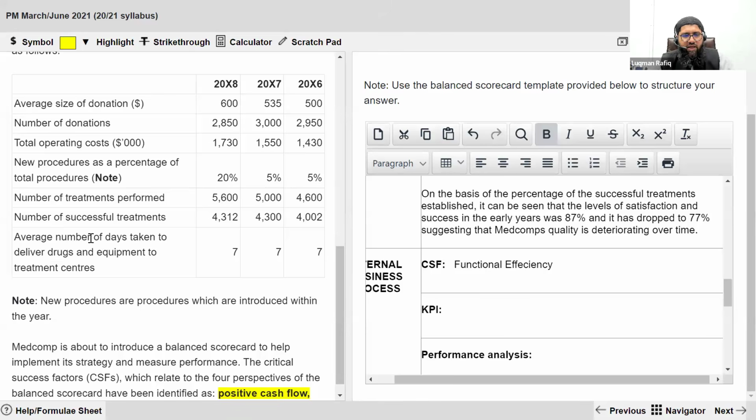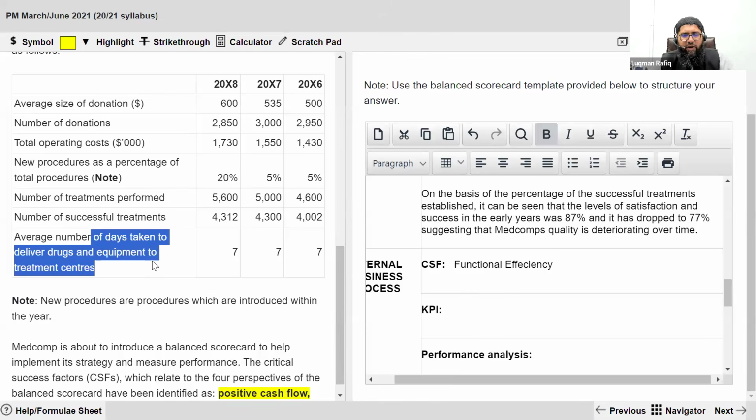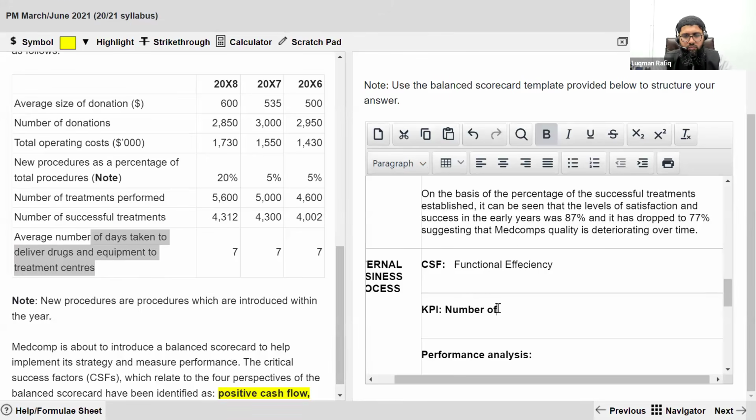Okay, average number of days taken to deliver drugs and equipment to treatment centers. This is one of their functions, that they have to deliver the things there.